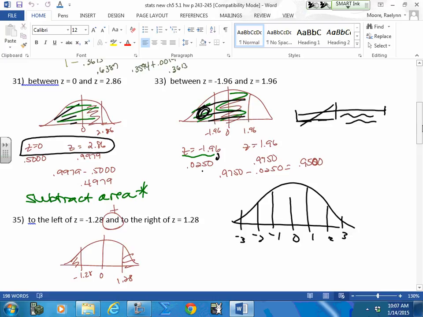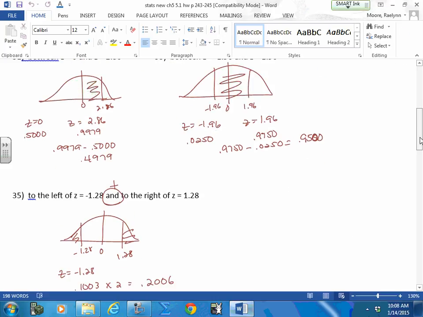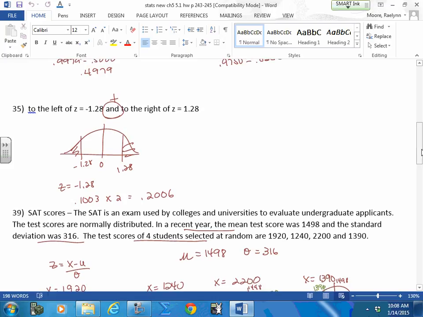Now this one was different, and I gave you this to think out. This is a really, really good one, and it's going to show me if you actually understand the concepts of your curve. I want the area to the left and the area to the right, and I want to add them together.